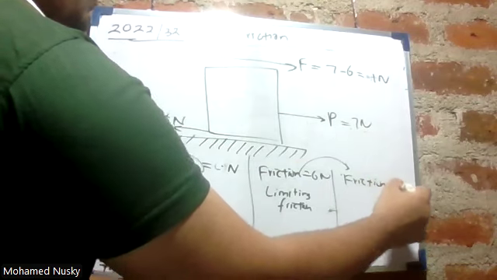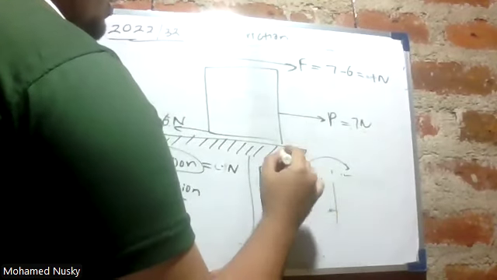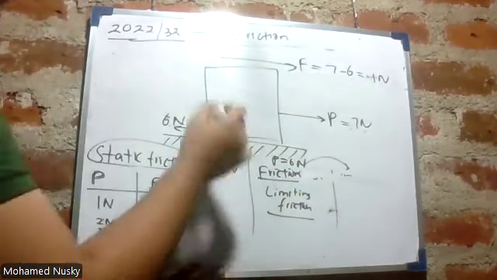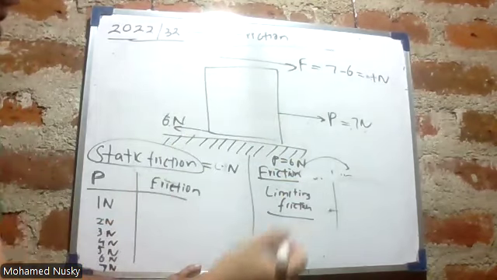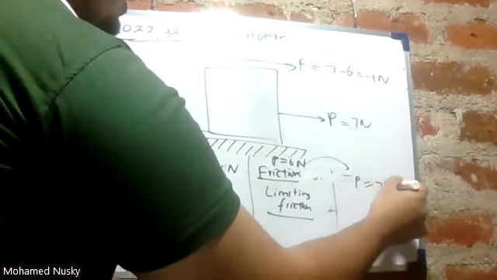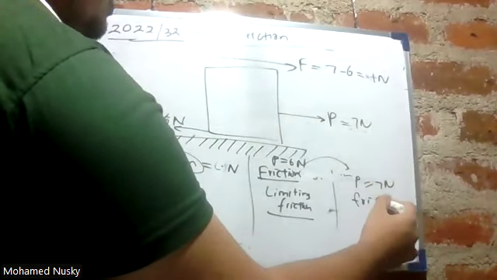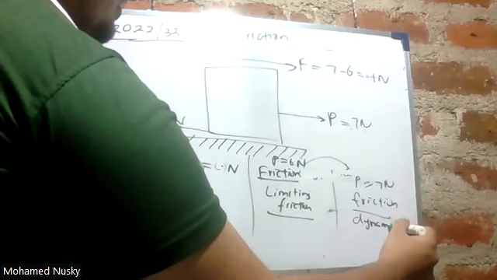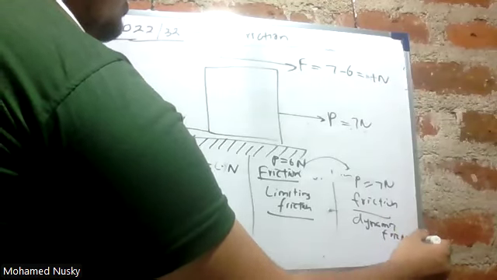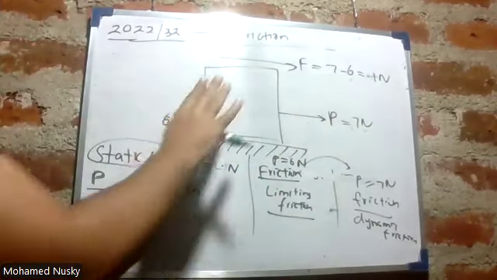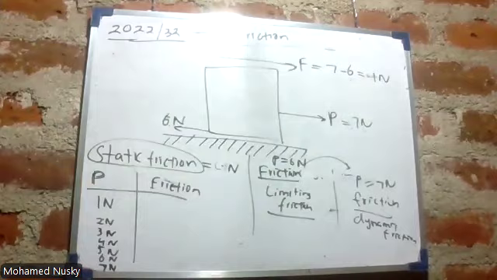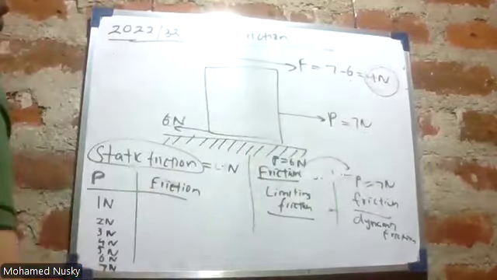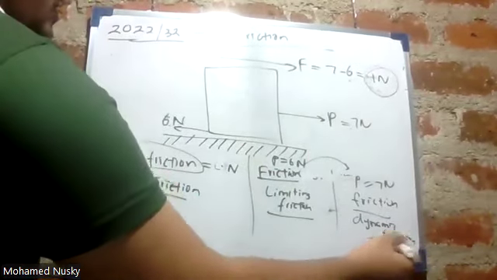When P is equal to 6 Newton, the friction acting on this body is limiting friction. When P is equal to 7 Newton, the friction acting is dynamic friction. Why dynamic friction? Because when 7 Newton is given, the object will start to move in the forward direction with a resultant force of 1 Newton, or an unbalanced force of 1 Newton, so dynamic friction will be acting.